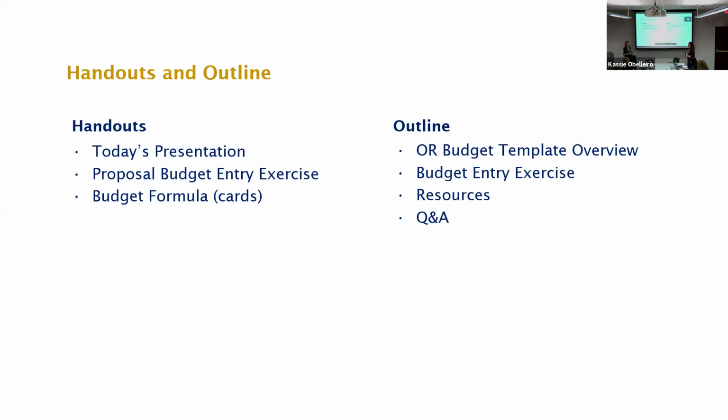Alyssa is going to walk you through completing a budget. You should also have these little budget formula cards that we've put together and are handing out in our budget classes now. These are the common formulas that you'll often need when preparing a proposal budget.